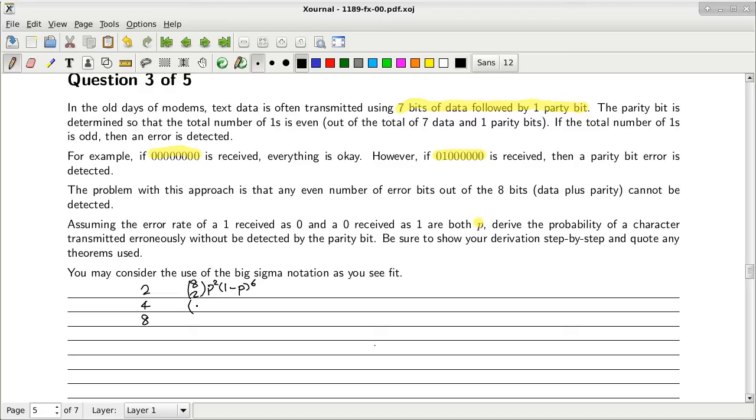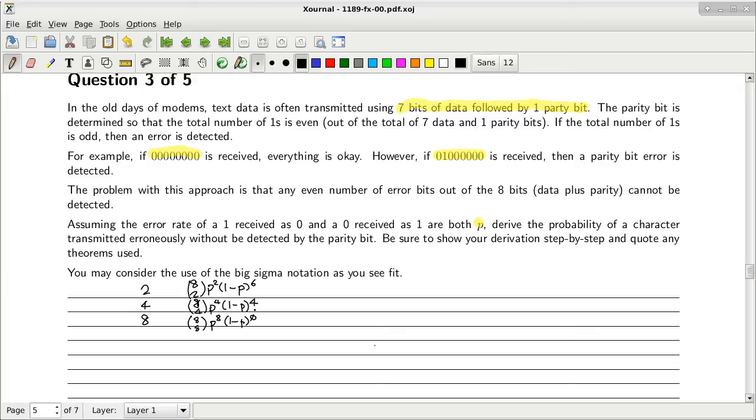4 bits is kind of similar. 8 choose 4, p to the power of 4 times 1 minus p to the power of 4. And then what if we have all error bits? Well, then we're choosing 8 out of 8 bits that are erroneous. p to the power of 8 times 1 minus p to the power of 0.